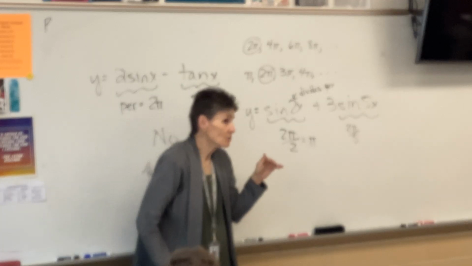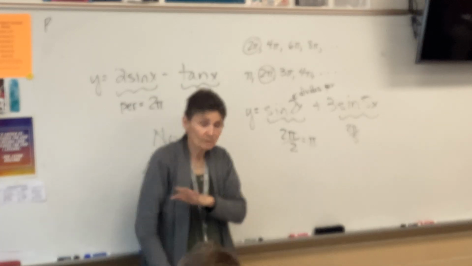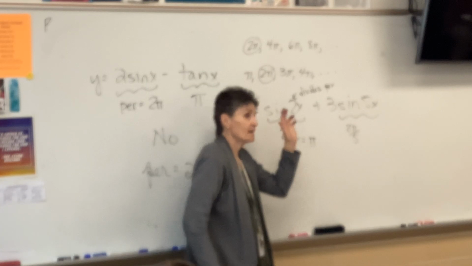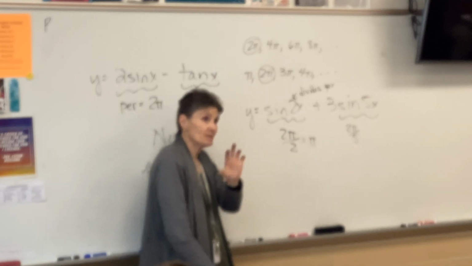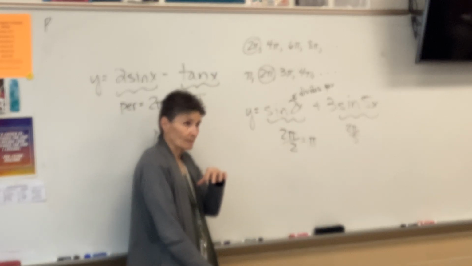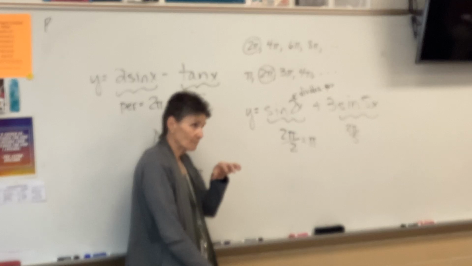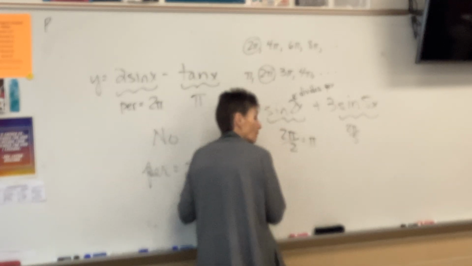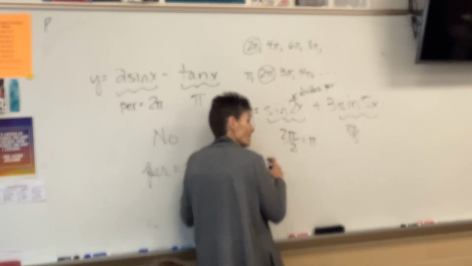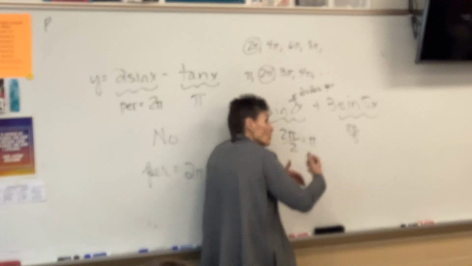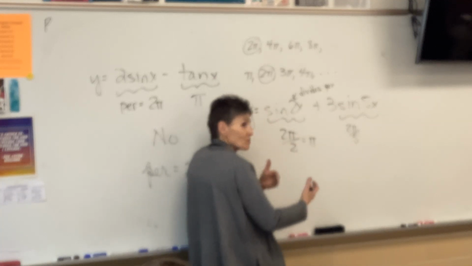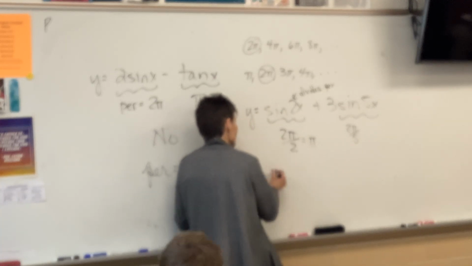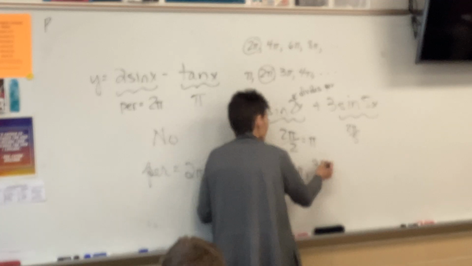So is it a sinusoid? No, because it's only sinusoidal if they match. They don't. So now I have to figure out where they both start again, where do they overlap at their starting? So this one is pi, 2 pi, 3 pi.